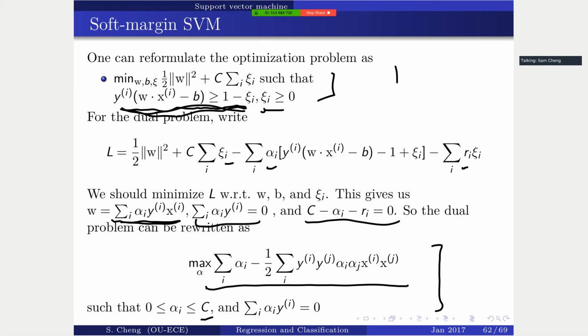In this case, maybe it's easier than what I mentioned before. The choice of your C is not as significant as it may seem. It depends on what happens after you solve for the alpha i.